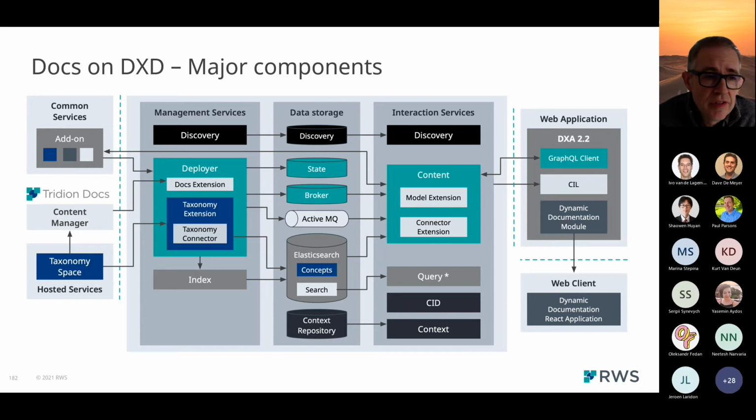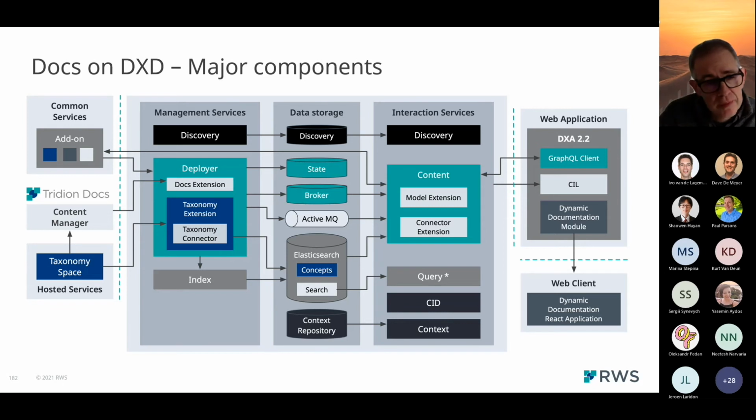So if you think of the deployer as a glorified workflow engine, it runs through a number of steps, and each step operates on that package, extracts some data and puts it somewhere, processes it in some format. So for instance, there'll be a step within that deployer that will populate the broker database. There's a step in there that populates the Elasticsearch search index. There's another step that does the concept sync, and we'll talk about that in a bit.